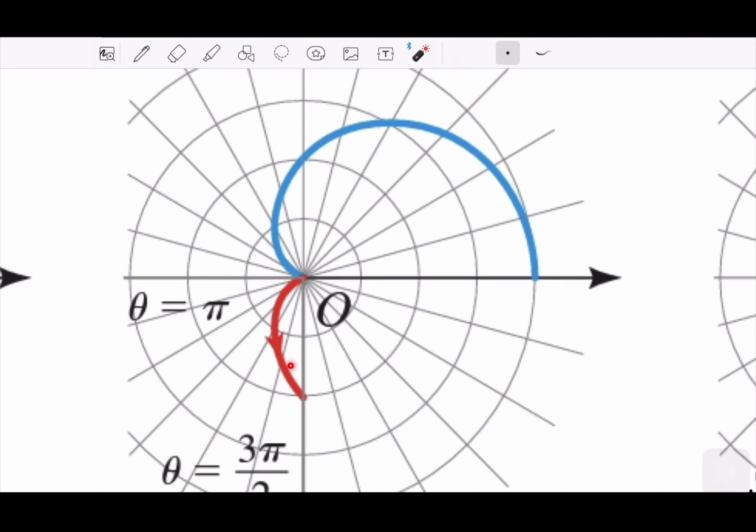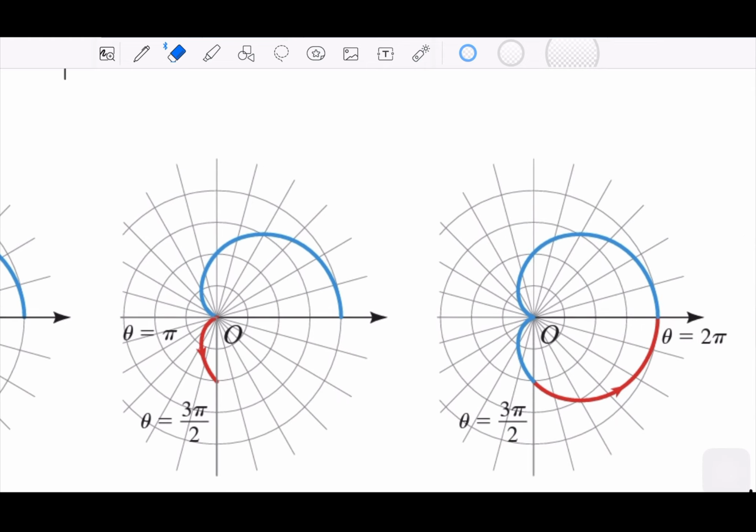Okay, you can see it change until we reach 3 over 2 pi. At 3 over 2 pi the cosine will be 0, so the radius is equal to 2.